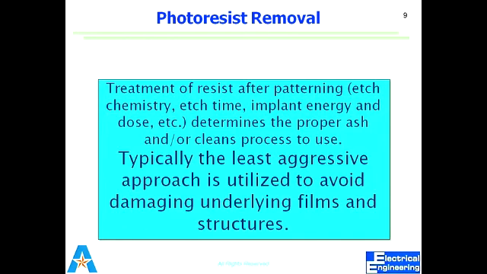The dose means the concentration of your etchant, the etching agent, so what is the concentration of the gas that you are introducing in the chamber? The implant energy means how energetic they are, how fast they react with the surface, and there is also the etch chemistry.